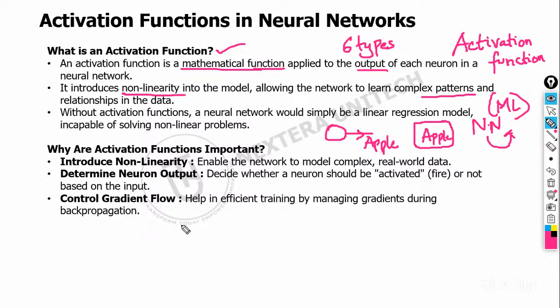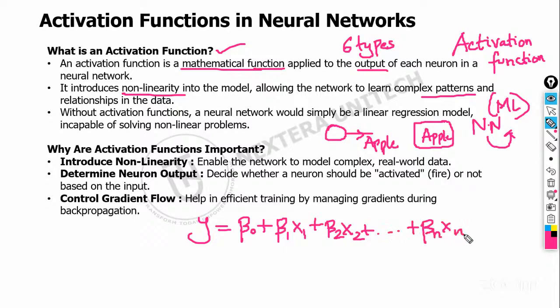Because if you see the regression model, what is the equation for the regression model? y = beta naught + beta 1 x1 + beta 2 x2 + so on + beta n xn, where y is your output, beta naught, beta 1, beta 2, beta 3, all of them are your coefficients, and x1, x2, x3, so on, xn will be your inputs.